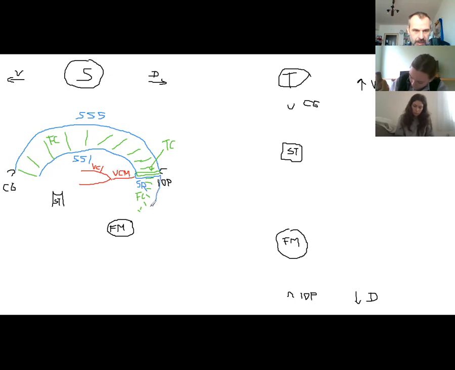And then we have a sinus here, and we call it occipital sinus. The occipital sinus runs between foramen magnum and internal occipital protuberance along the so-called internal occipital crest. Either there is a groove or internal occipital crest.